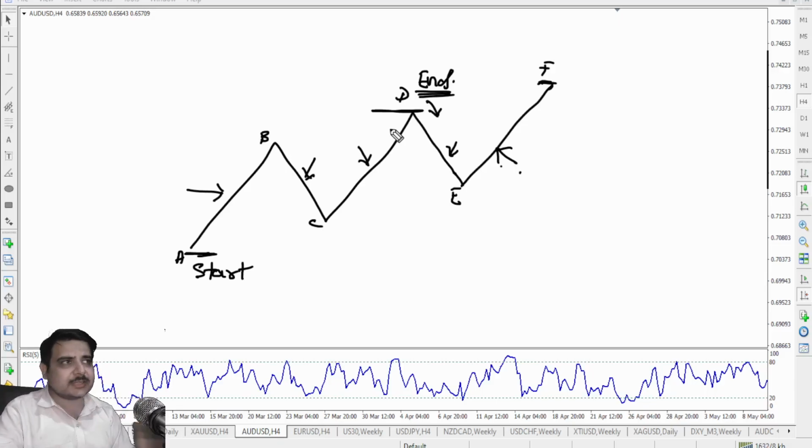So the strategy is not very difficult, not very complex. I will be showing you that on the real charts, and you will be amazed to see how much potential profit you can get from this ABCD pattern strategy. And if you master it, you will be making nice trading decisions with this forever.